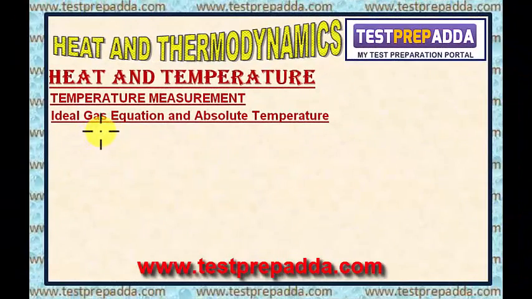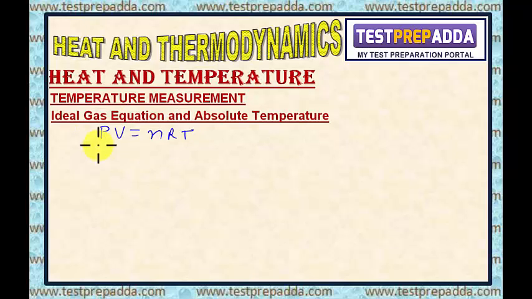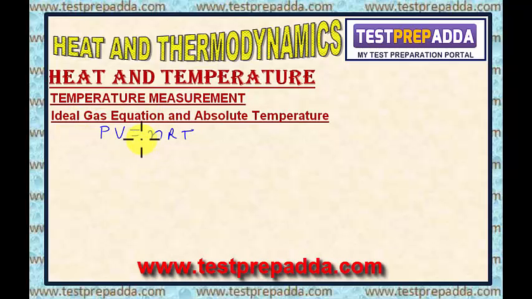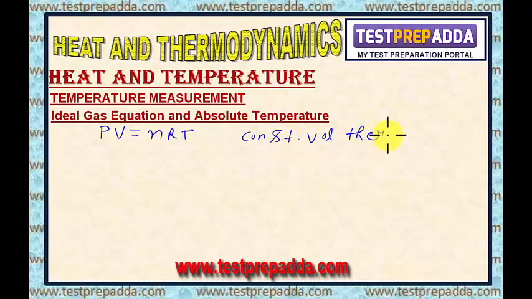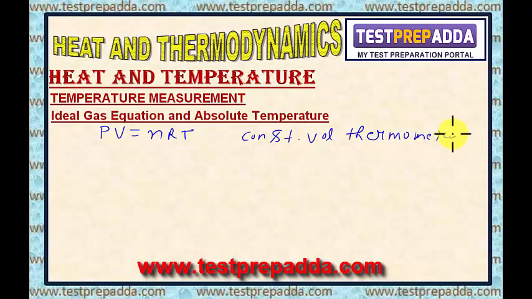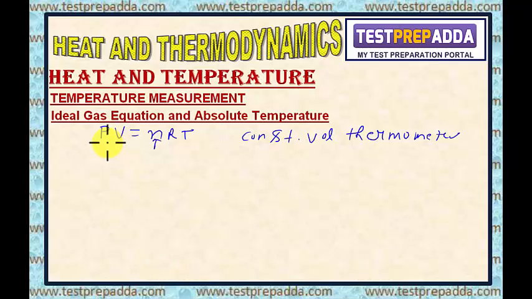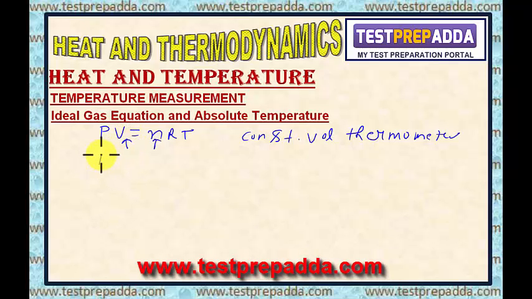Dear students, this equation PV is equal to nRT helps us in measuring the temperature in a constant volume thermometer. If I take n as constant, and volume as constant, pressure will be proportional to temperature.